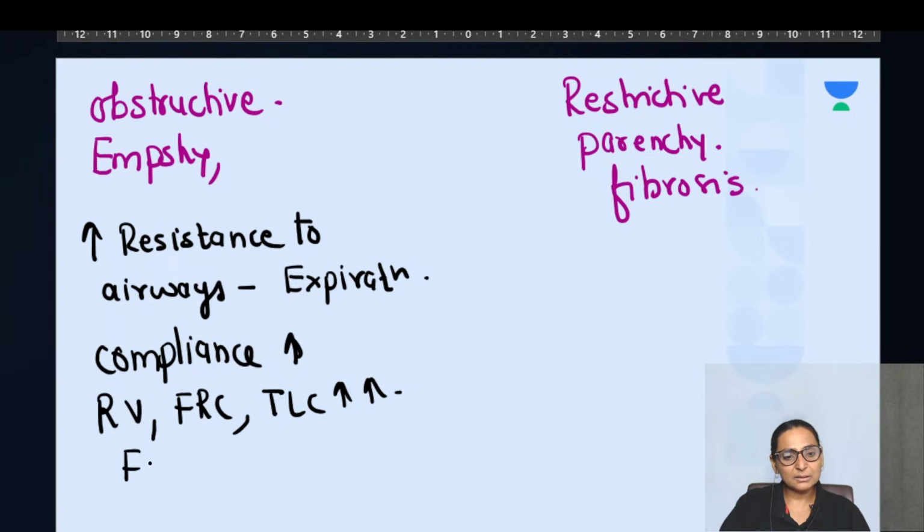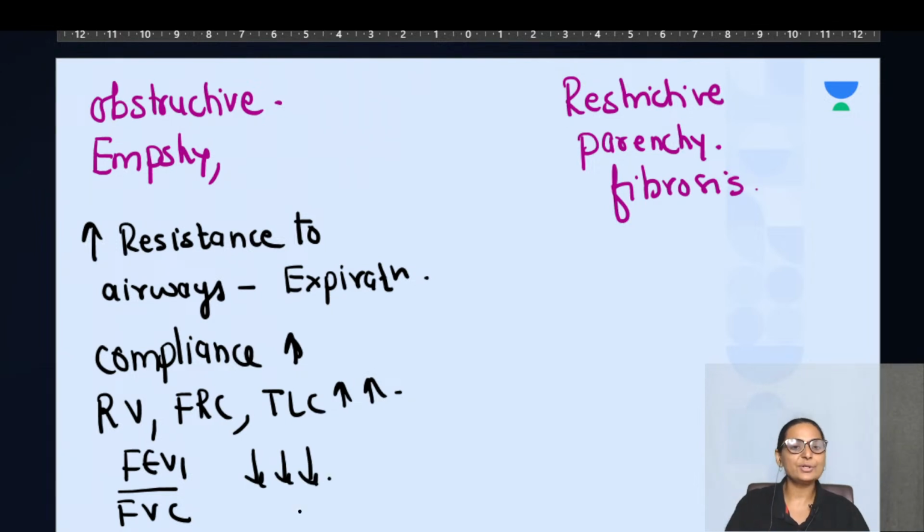But the FEV1 to FVC ratio is grossly reduced in obstructive airway disease. Remember, FEV1, the numerator, is speaking only about expiration. But when you say FVC, it is including inspiration plus expiration.